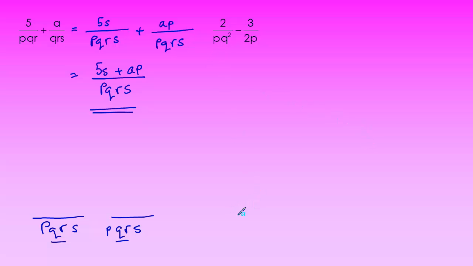So here our denominators are PQ squared, which is P times Q, and 2P, which is 2 times P. Now to get these the same, I'm going to need to multiply this by Q and Q again, and then this one would need to be multiplied by 2.